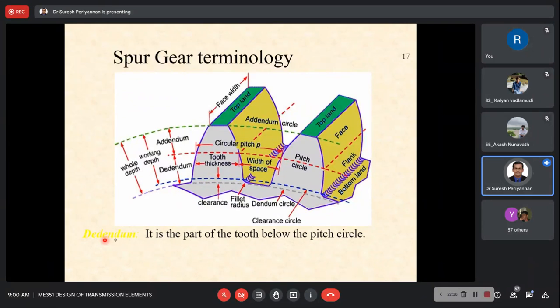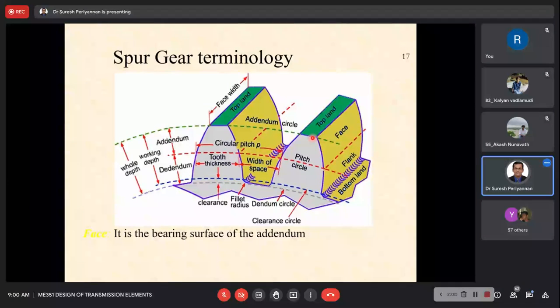Now, the next one is dedendum. I told you that: the part of the tooth below the pitch circle, this portion, is the dedendum. These are the things necessary when we are designing the gear. Face is the bearing surface of the addendum, the surface where the two gears are meshing. This is the face.